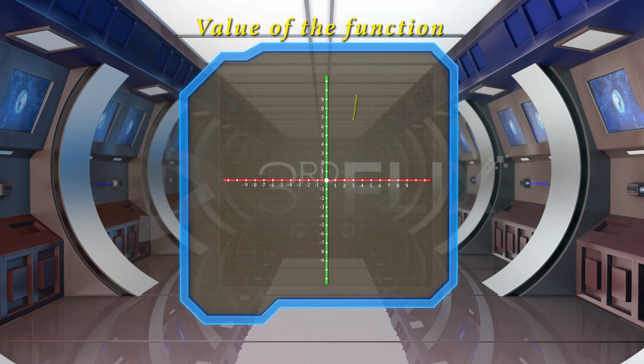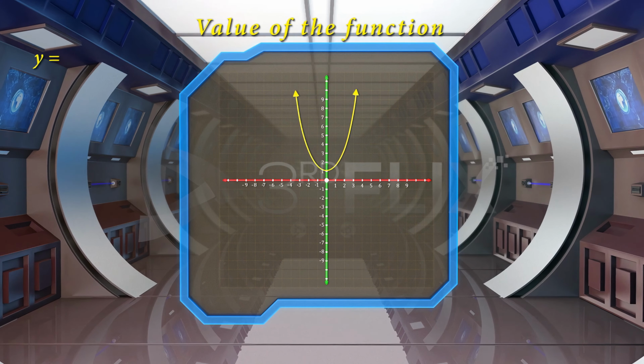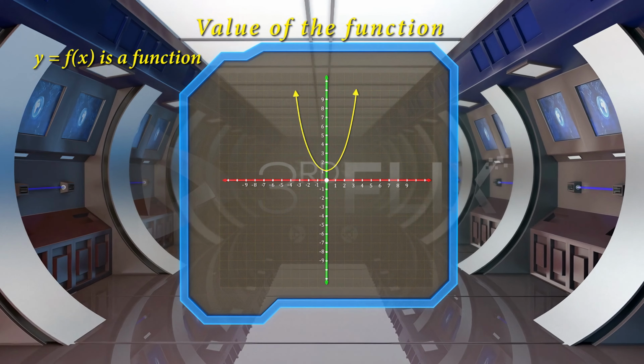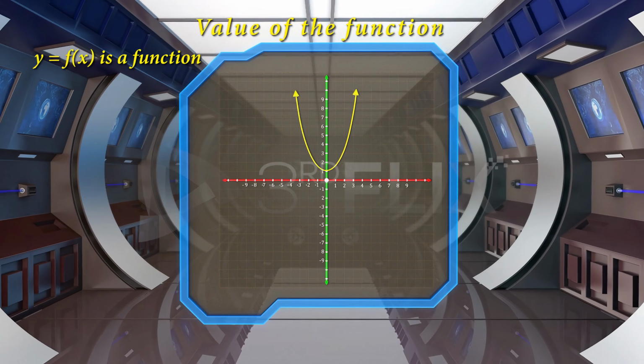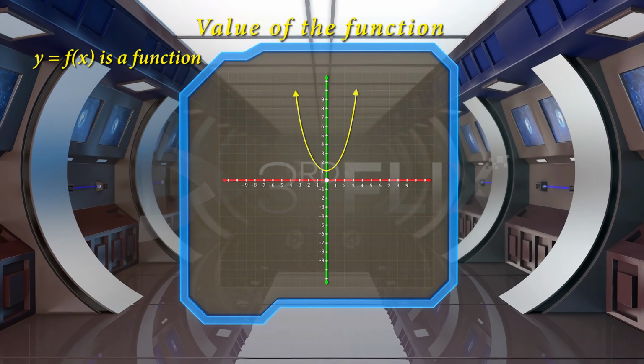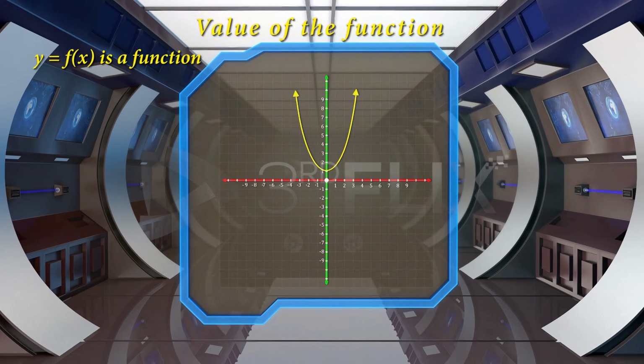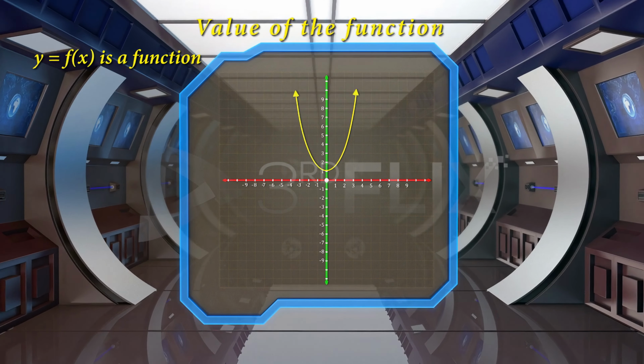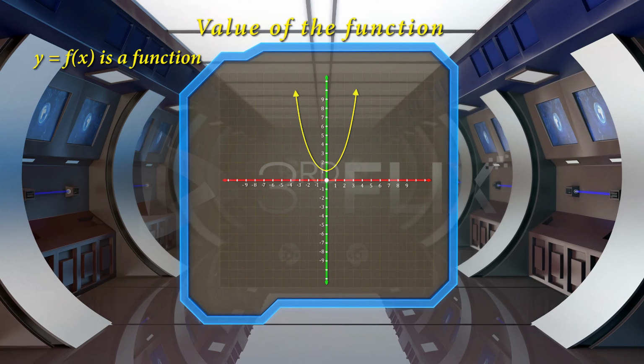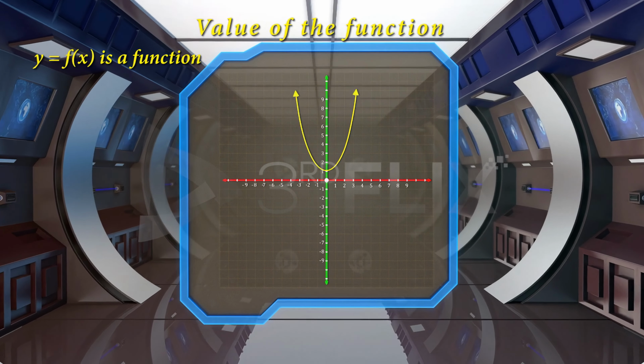Value of the function. If y equals f of x is a function, then to find its value at some value of x, say x equals a, we directly substitute x equals a in its given rule f of x, and it is denoted by f of a.